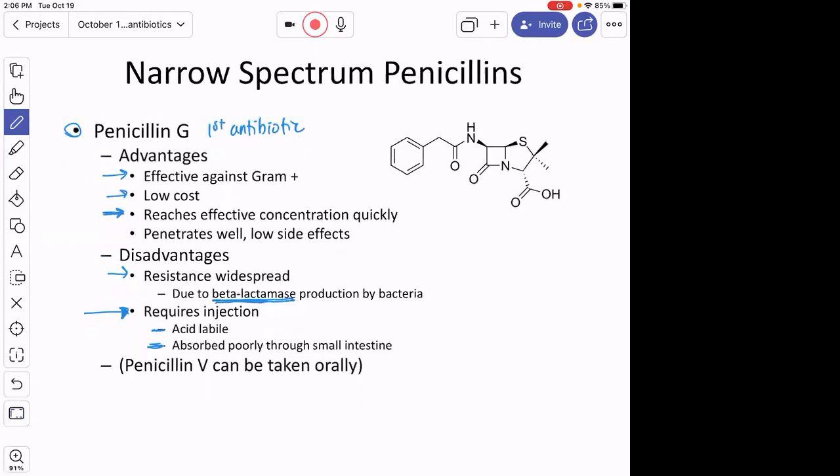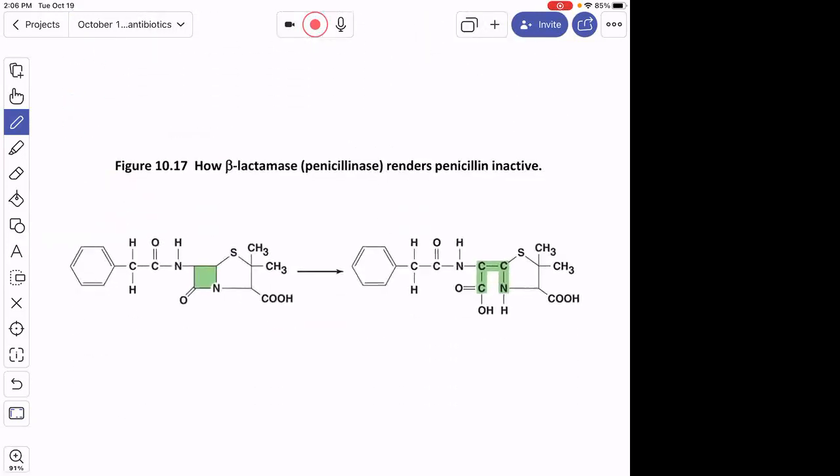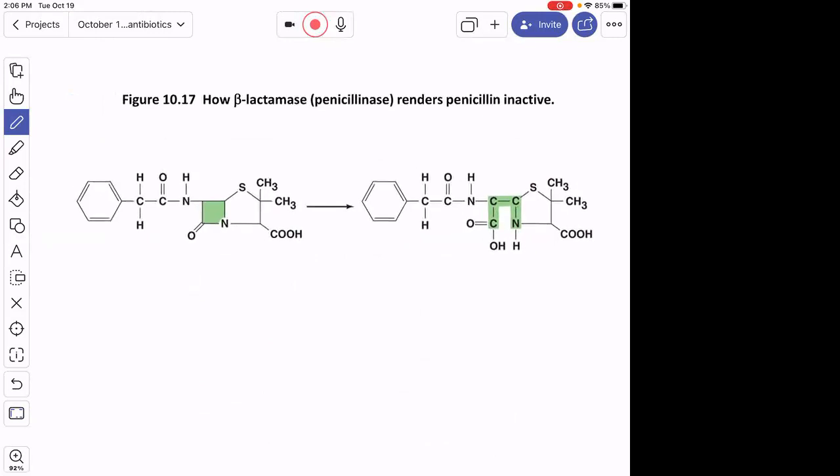Let me come back to this slide in a minute. Let me explain a little about what beta-lactamase is. This is a figure from your book. Another name for this enzyme is penicillinase, because it acts on penicillin, but I always refer to it as beta-lactamase.